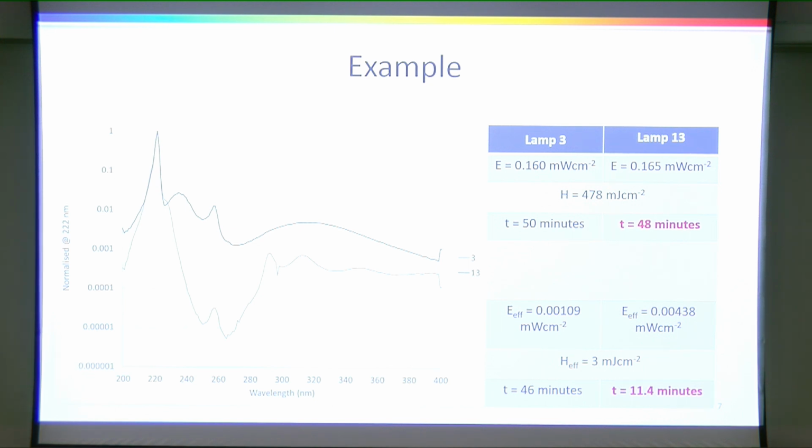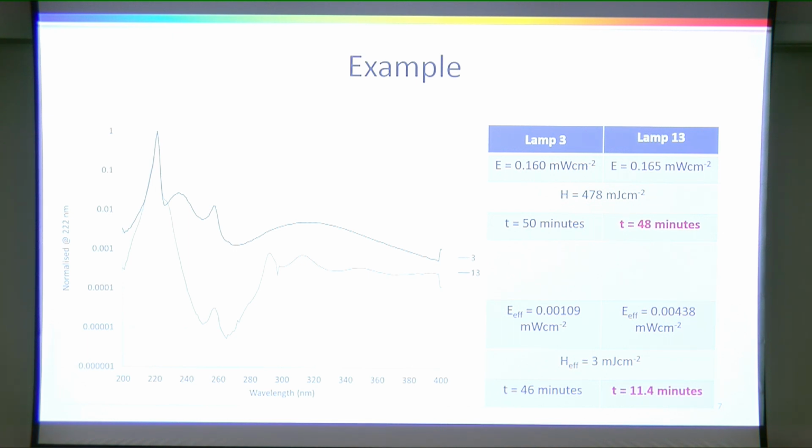But actually, if you look at the effective exposure limit, so you take into account all the other wavelengths, you find the effective irradiance of the lamps is very different. You see that at the bottom half of the table. They're very different to each other. And if you take then the effective exposure limit and work out the exposure time to reach that limit, then you see you have two very different exposure times. It's still roughly about that 46 for lamp 3, which is close to the 50 as it was before.